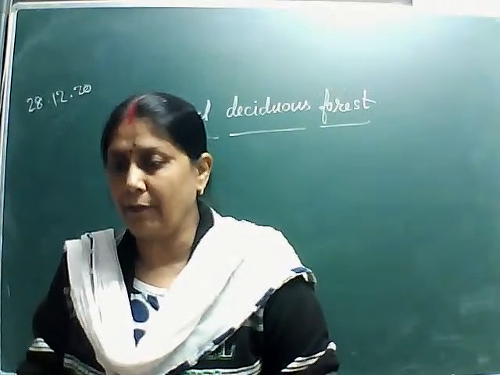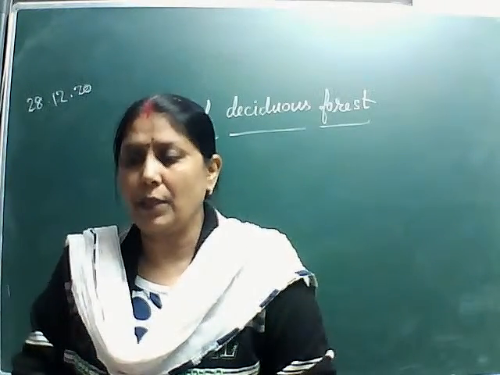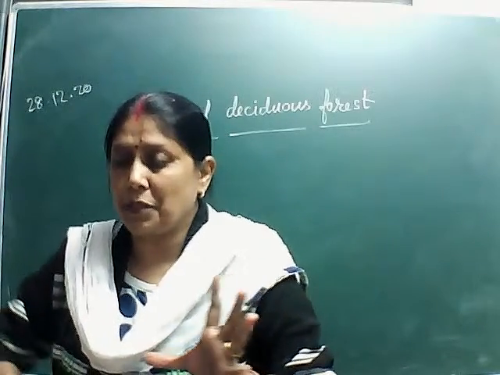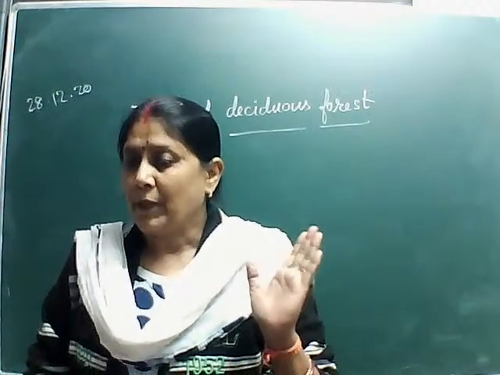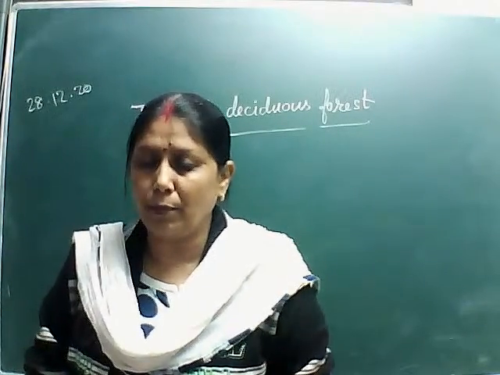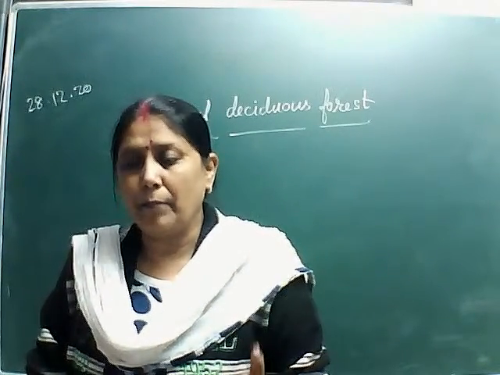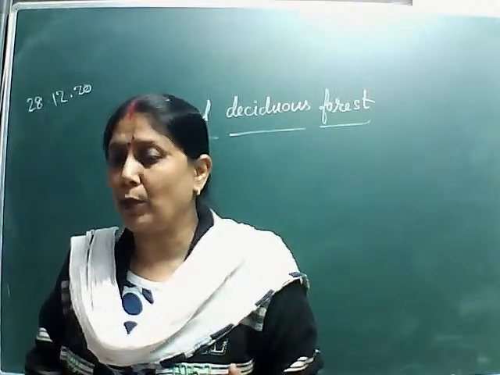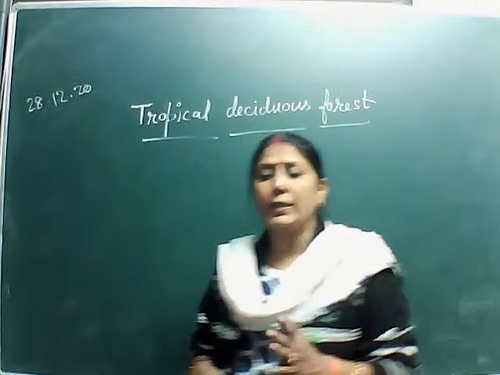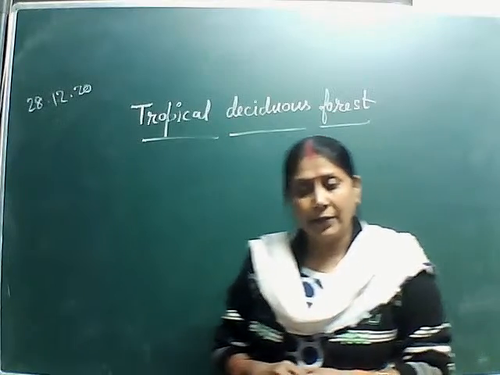Tropical rainforest we have already discussed. So 5 types of vegetation are there: tropical rainforest, tropical deciduous forest, thorny bushes, then mountain vegetation and mangrove forest. Okay, so one by one. We have already finished tropical rainforest.